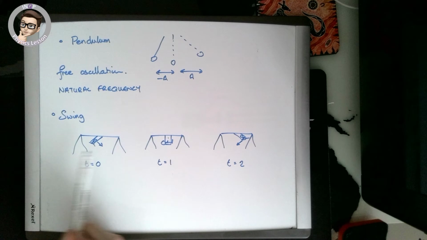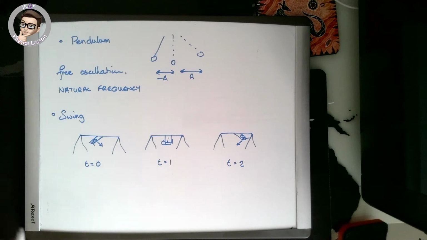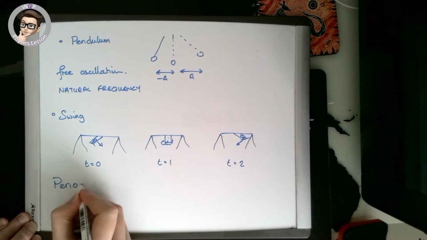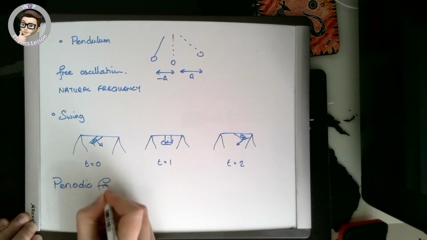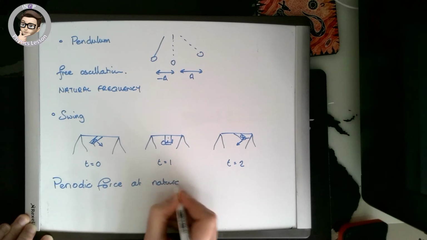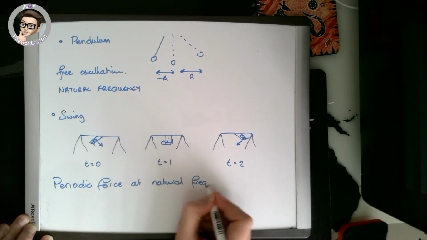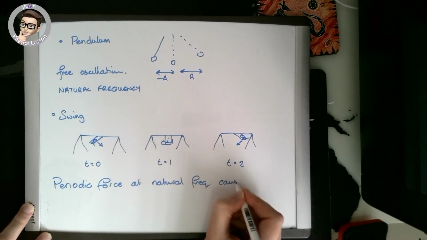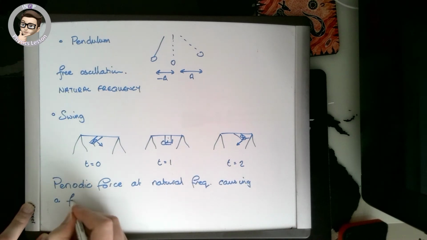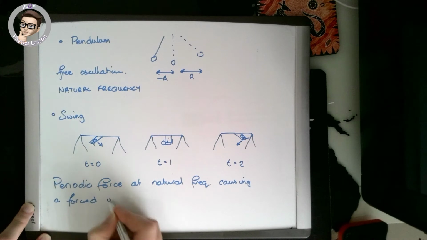So we're applying a periodic force which is driving the swing, which is going to cause a forced vibration. So we're applying this periodic force at the natural frequency, causing a forced vibration.